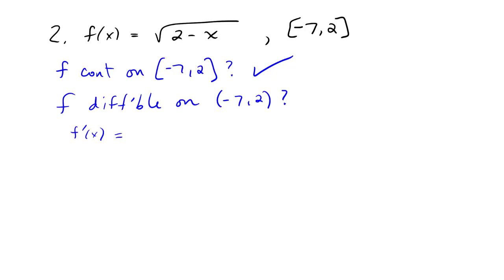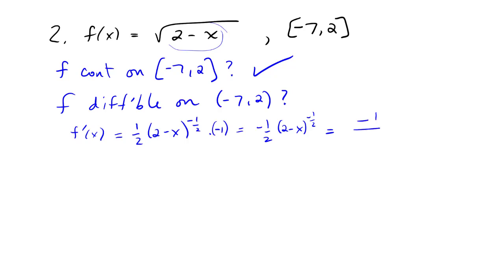The function is (2 minus x) to the 1/2, so 1/2 times (2 minus x) to the negative 1/2, times, go inside and take the derivative of the 2 minus x, and you get a minus 1. So we get minus 1/2 times (2 minus x) to the minus 1/2, or another way we might see that is minus 1 over 2 times the square root of 2 minus x. So there's our derivative.